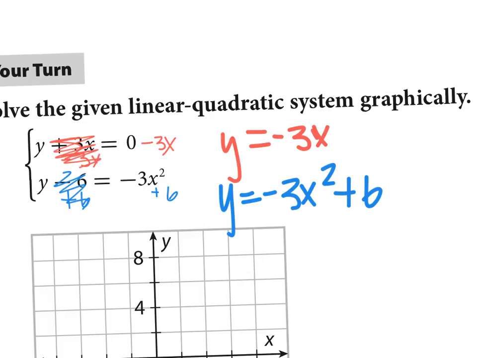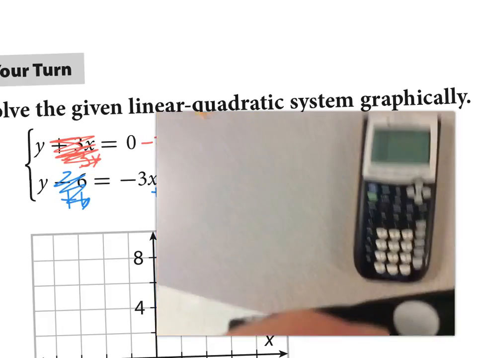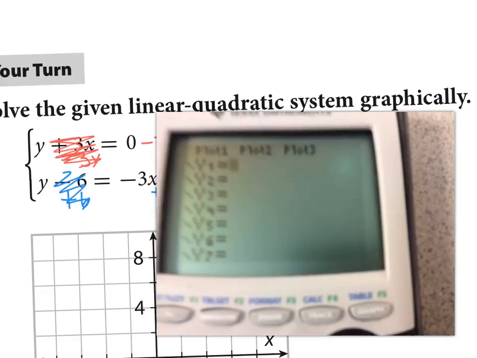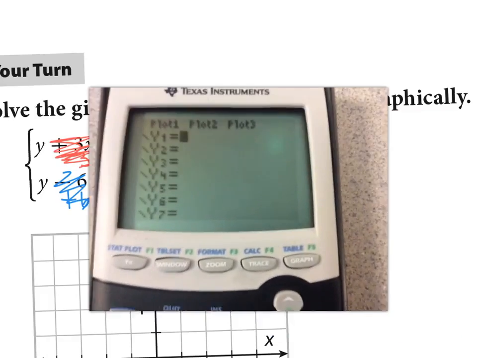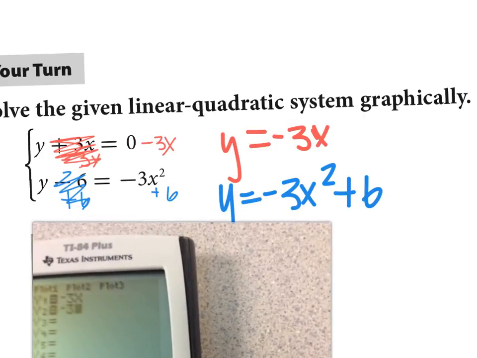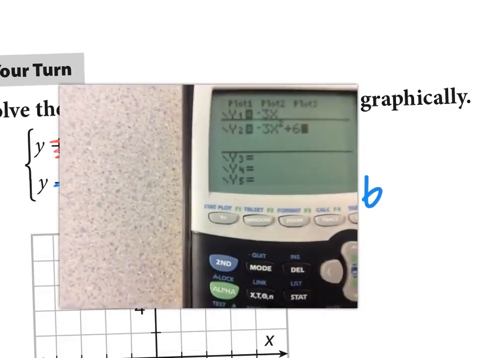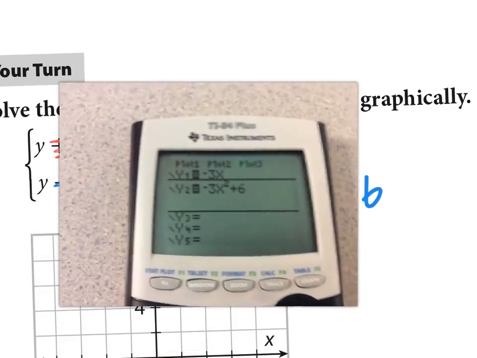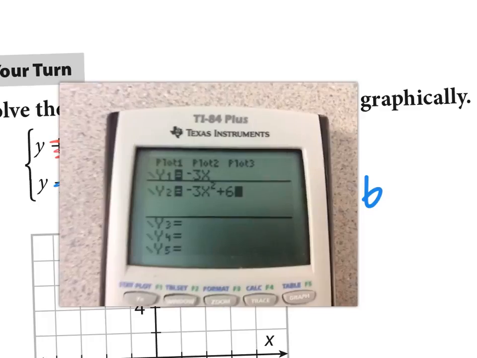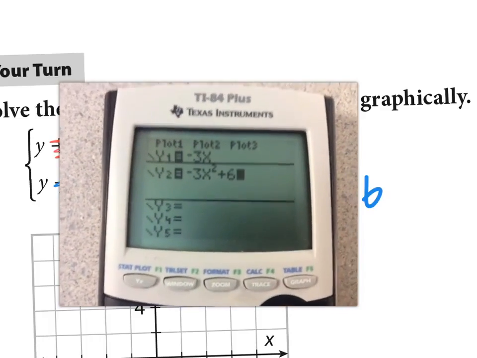So we're going to go to y equals and type in our two equations, which were y equals negative 3x and negative 3x squared plus 6. So we're typing both of those in, and then we're going to go look at our graph.